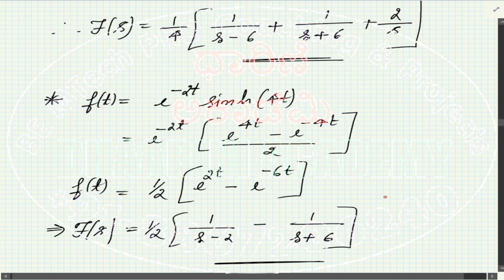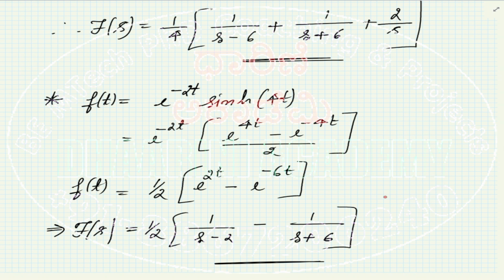Next one. It gets multiplied. E to the minus 2t into e to the 4t is e to the 2t. Yes, correct, correct. Actually, you have many other methods, right? But this is the easiest one.